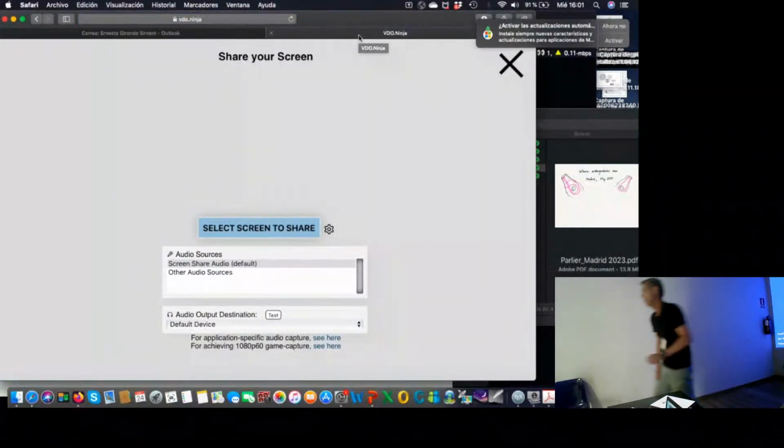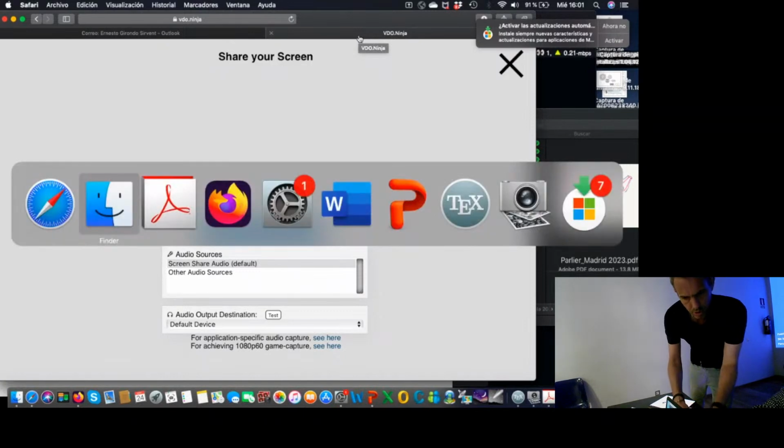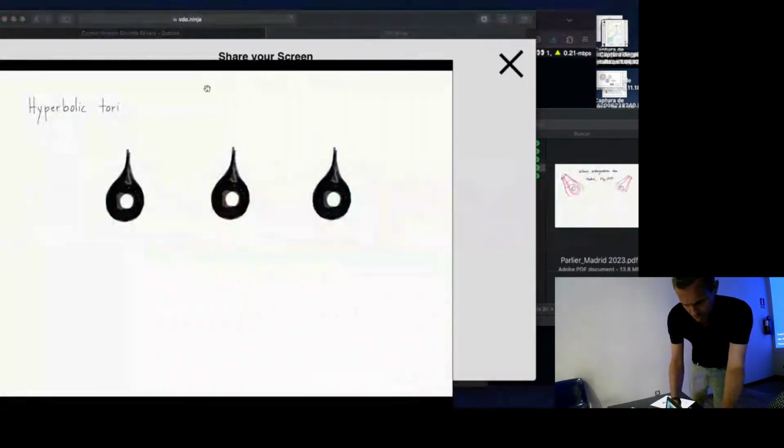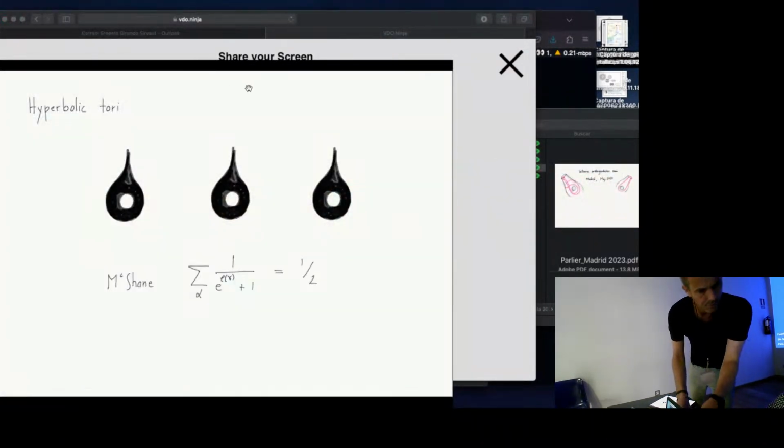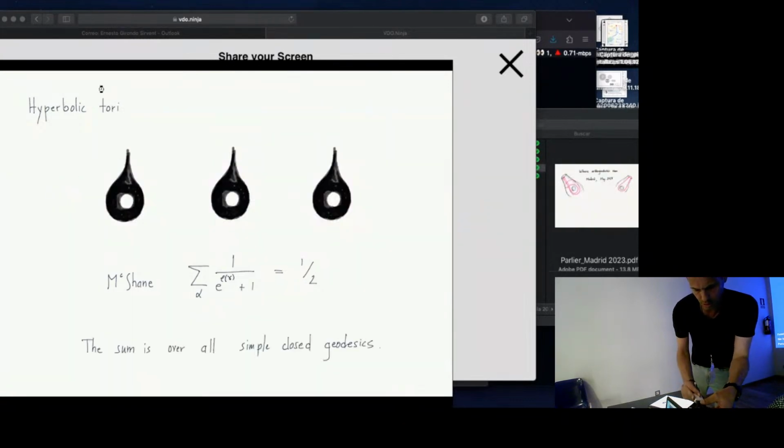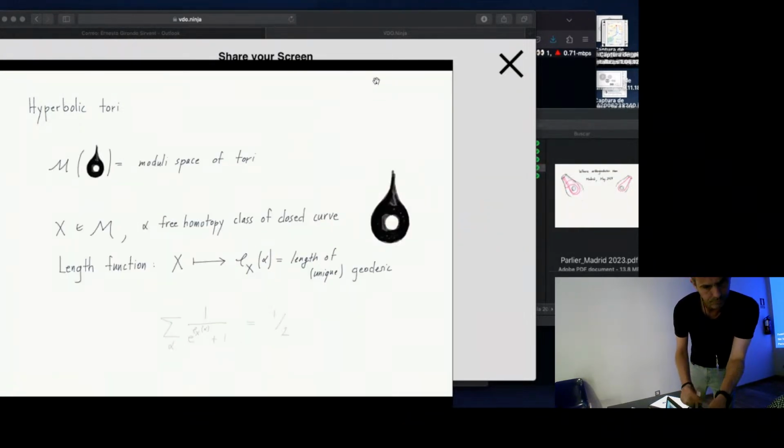Let me just put this back how it was. Do you remember how to reconnect this? Hopefully, yeah. Okay.